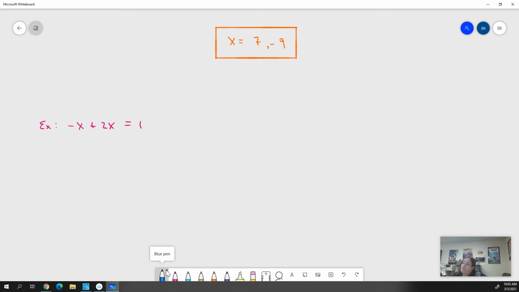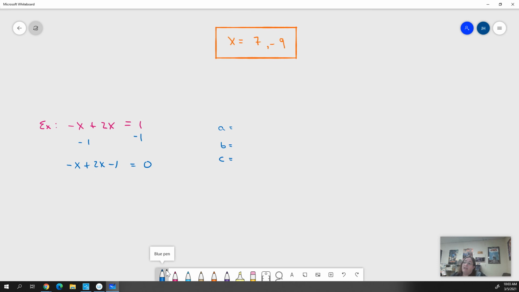Now, all we have to do is move this over, we have a positive 1, so we're just going to subtract 1 from both sides and then rewrite it as minus x squared plus 2x minus 1 equals 0. And when we look at what is our A, our B, and our C, right, which is the next step, is to identify our A, B, and C.